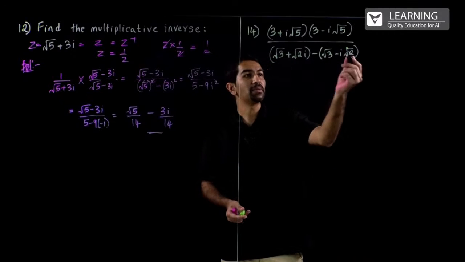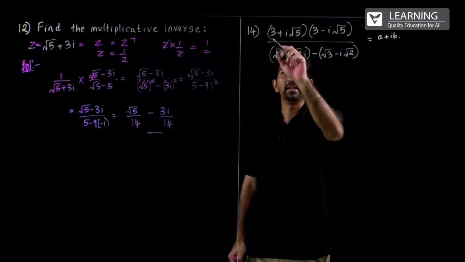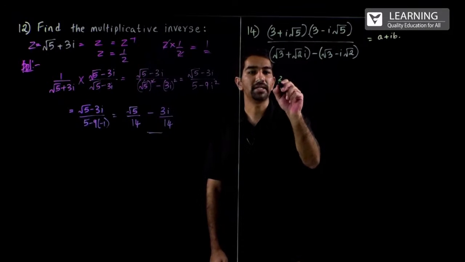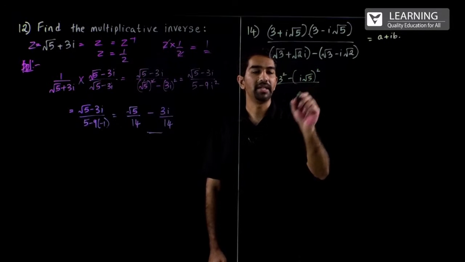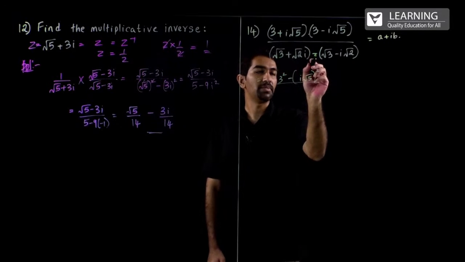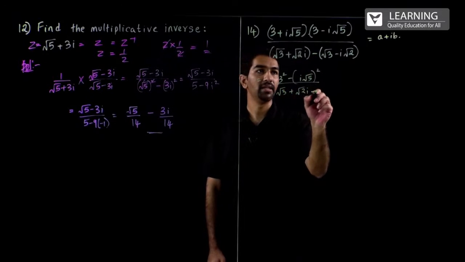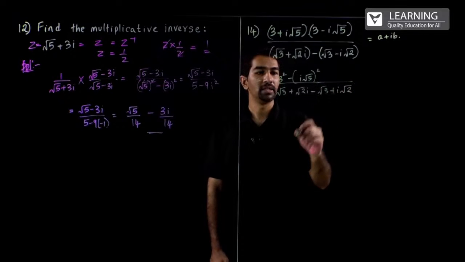So again this we have to express in the form of a plus ib. So basic operations only. a plus b into a minus b is nothing but equal to a square minus b square, the whole divided by, so substitute this minus sign inside, what will we get? Root 3 plus root 2i minus root 3 plus i root 2.